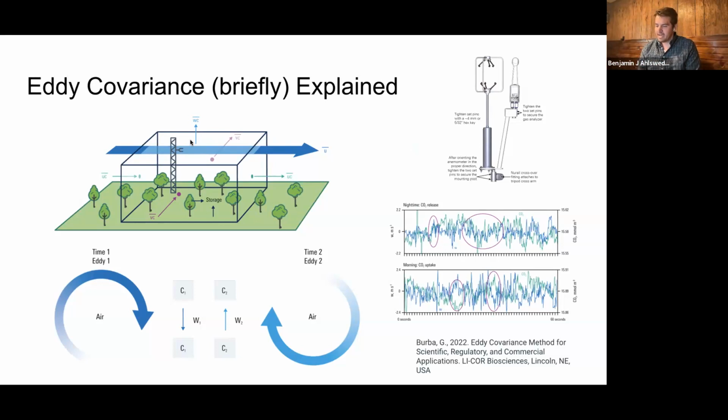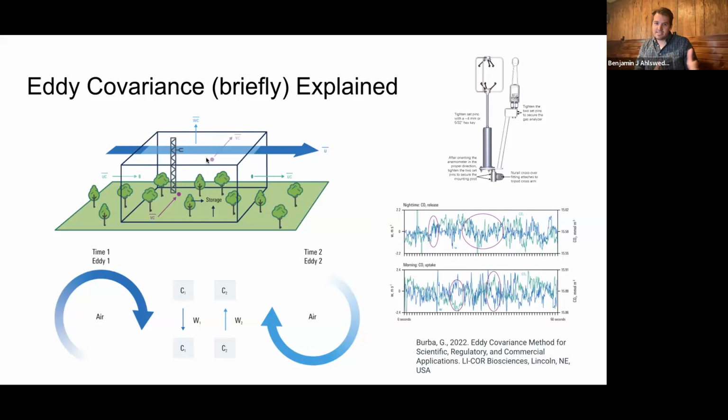So basically the basic instrument is a 3D sonic anemometer, and it measures the turbulence and movement of air at very high frequency. And so if there's wind moving across the surface, there's going to be some kind of vertical component to that. The big assumption in eddy covariance to get an area measurement from a point source is that what's crossing the instrument is the same as what's leaving the instrument.